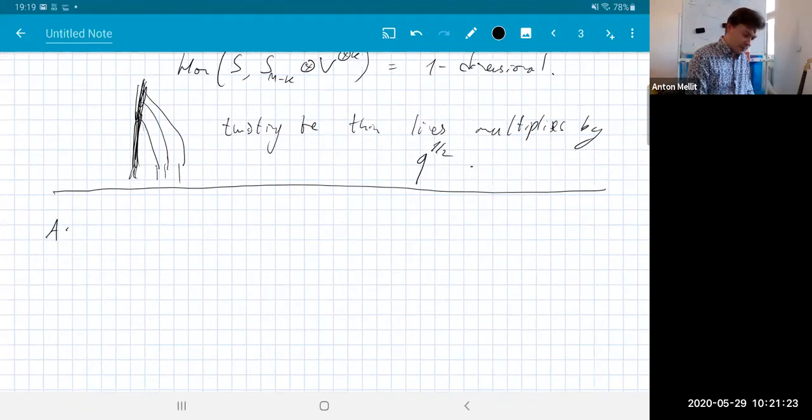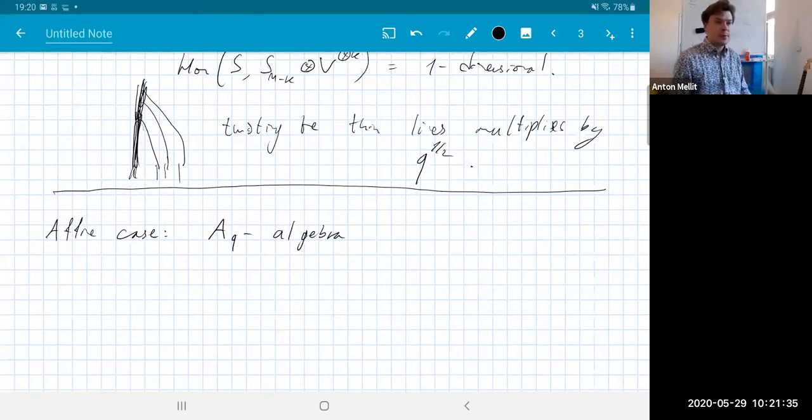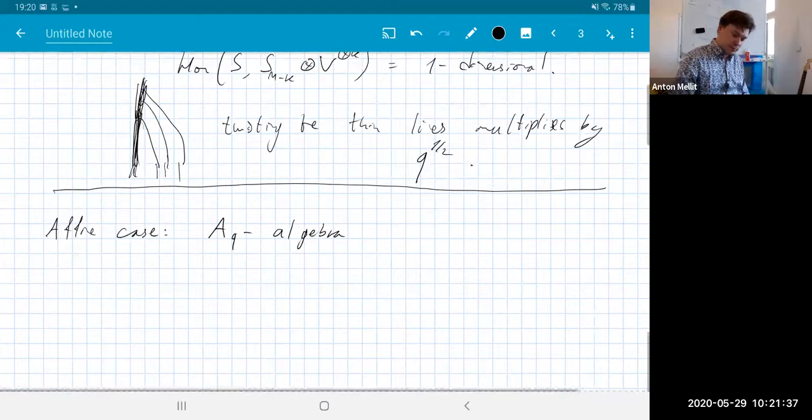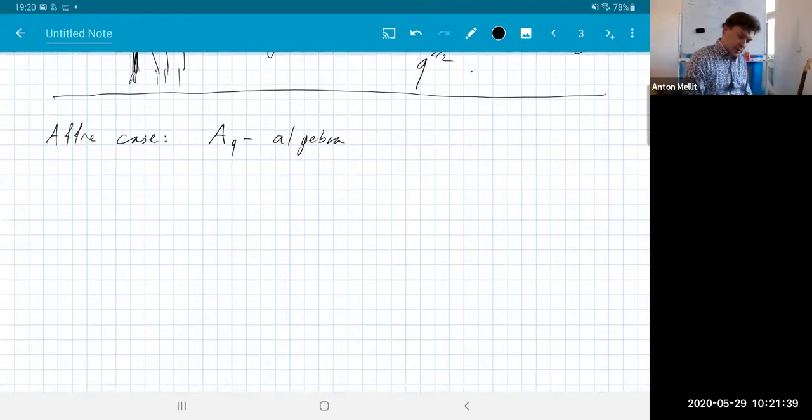The affine case, which we denote by the AQ algebra, looks as follows.